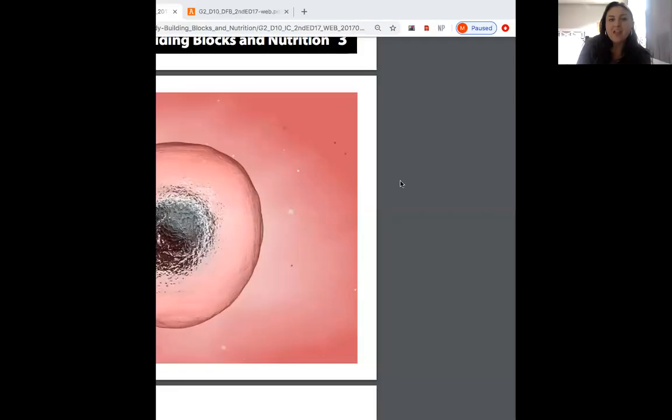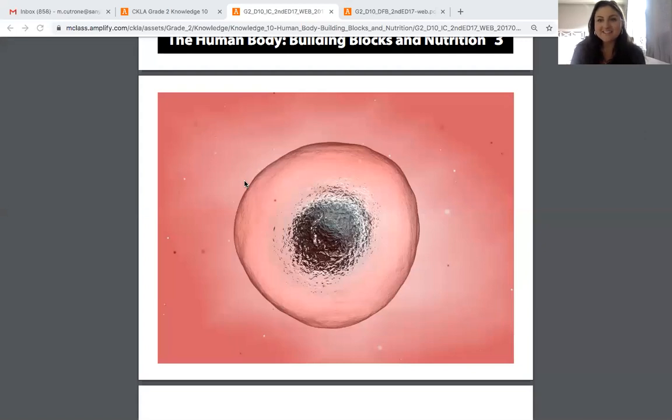Today, we're going to be learning more about the amazing human body and all of the things that make it up. So, if you remember a little bit about what we learned yesterday, I'm going to show you a picture. And does anybody remember what this is a picture of? Yeah, it's a cell. And if you remember, cells are the building blocks that make up the human body.